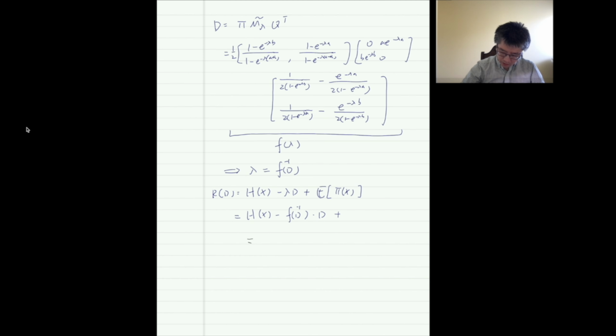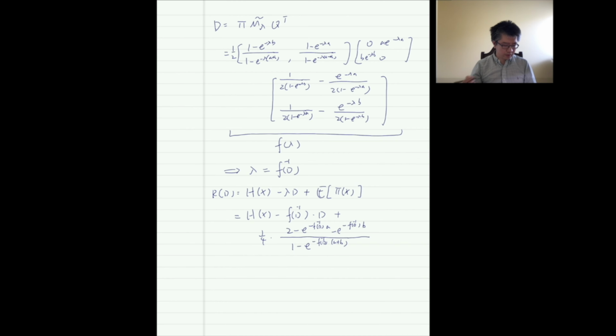So add half, multiply, so the sum of this and that with this half. So half of this is 1/4, and then multiply 1 minus e to the negative lambda, which is negative f inverse of d, and then 2 minus e to the negative a minus b.